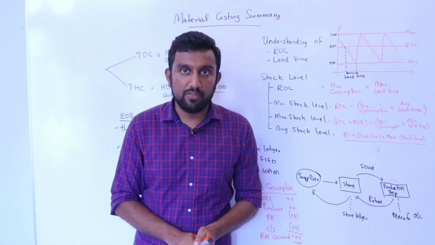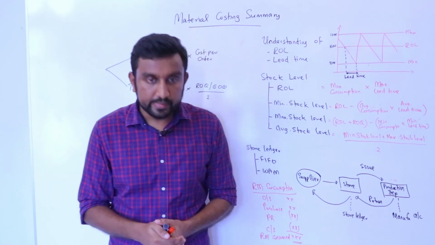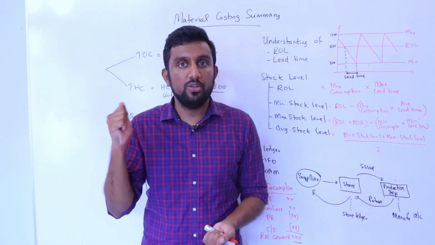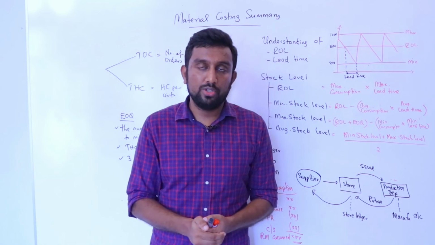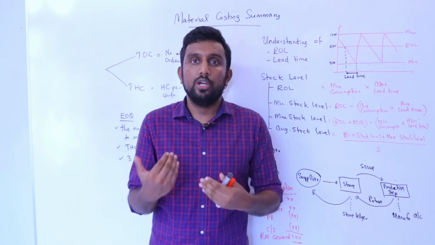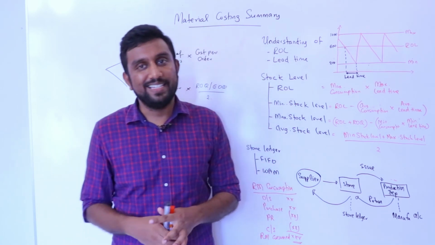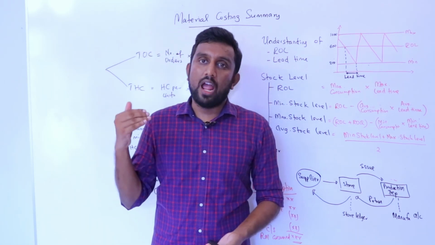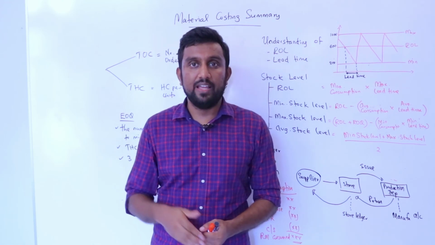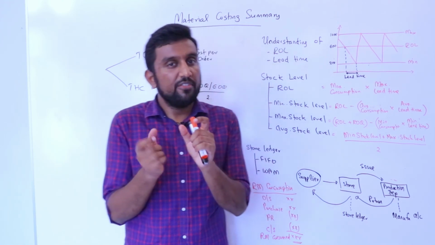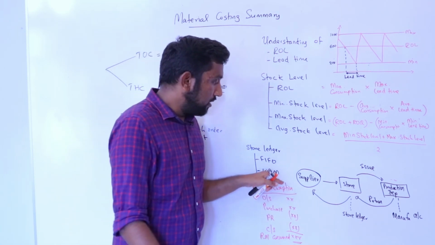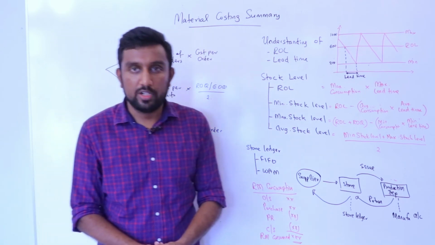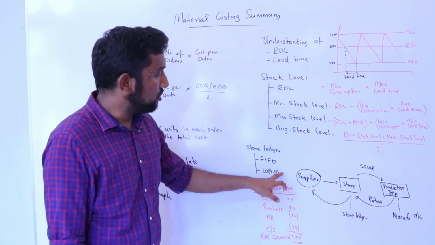When you issue using FIFO, you have to take the one which you received first, because when you are sending the goods to the production plant, you have to prioritize based on the date received, right? In the weighted average method, you have to find the weighted average cost on the specific day when you are issuing. There's a small formula to find the unit cost for the issue when doing the question in the weighted average method. Those are the two store ledgers we have.